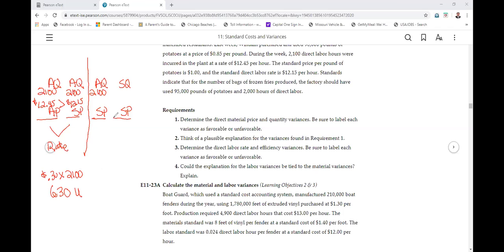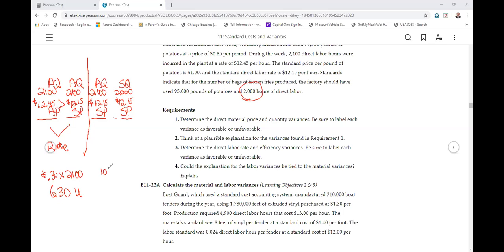And then on the other side, I'll go ahead and copy over the standard rate. Again, 12.15 is the same number, 12.15. And then the standard quantity of labor hours is right here, 2,000. Again, they gave that to you. All right. So we compare actual hours to standard. So the difference is 100 hours.